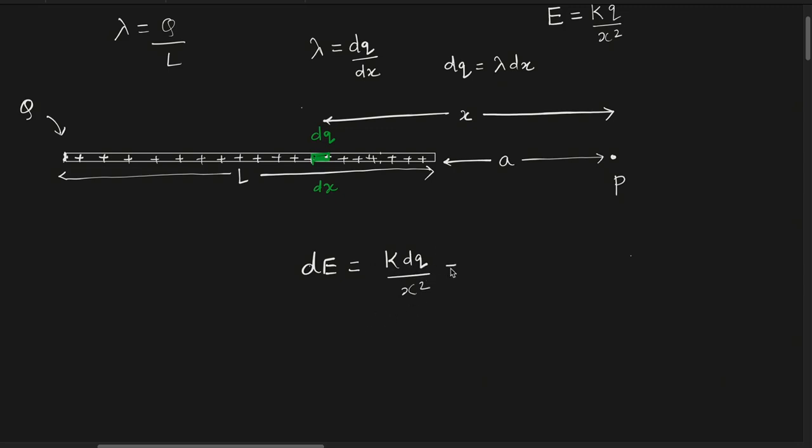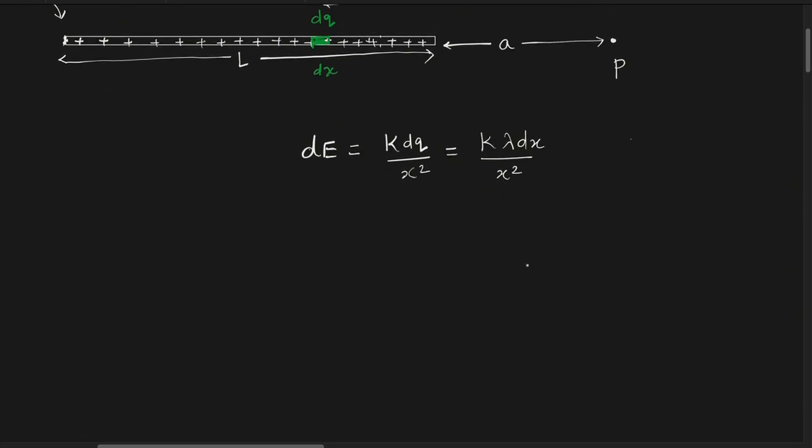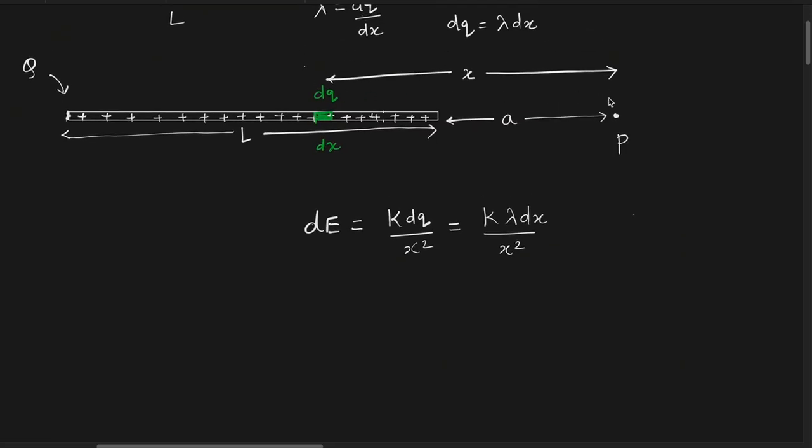Now dq can be written as lambda times dx, so dE is k lambda dx by x square. You can see the electric field at point P will be varying as a function of x, the distance of the charges from this point P.